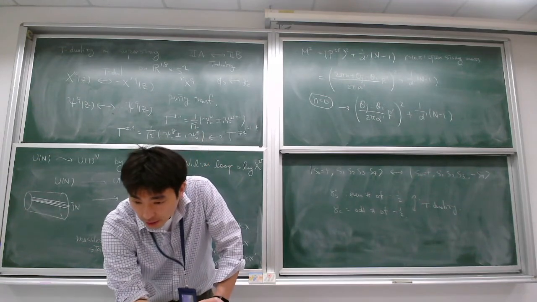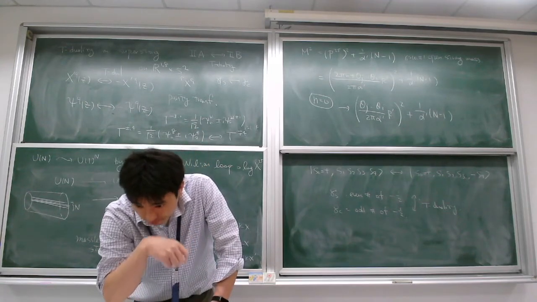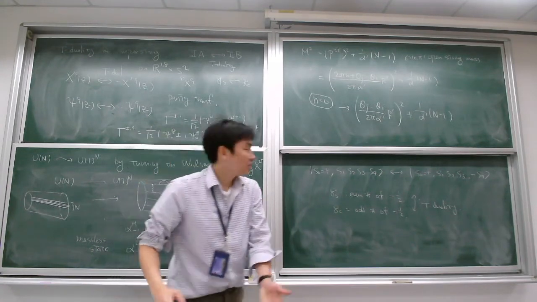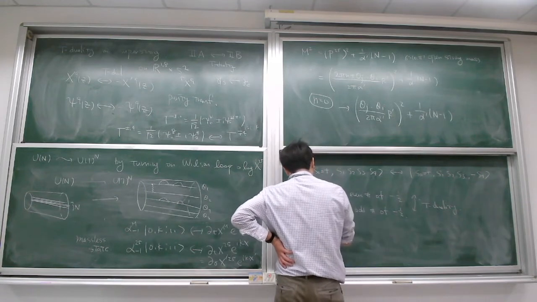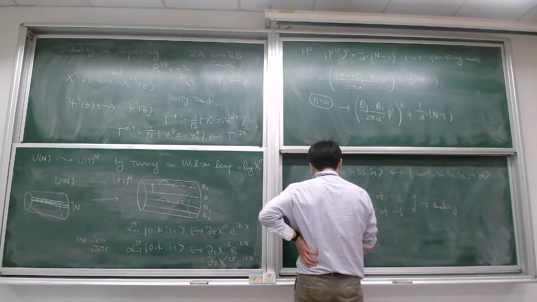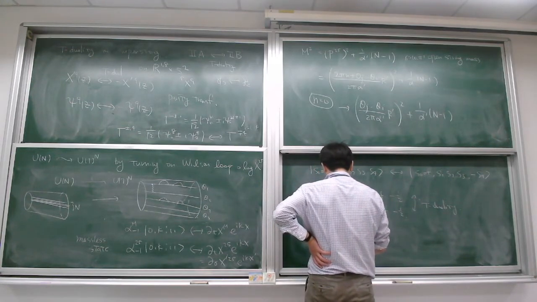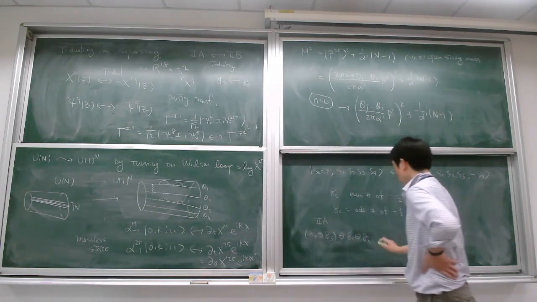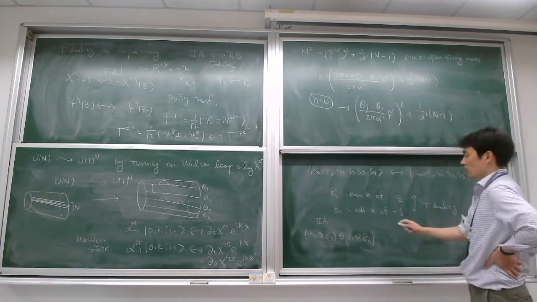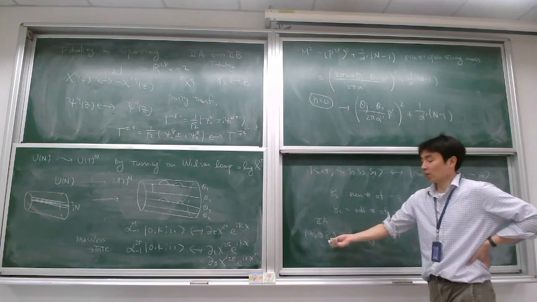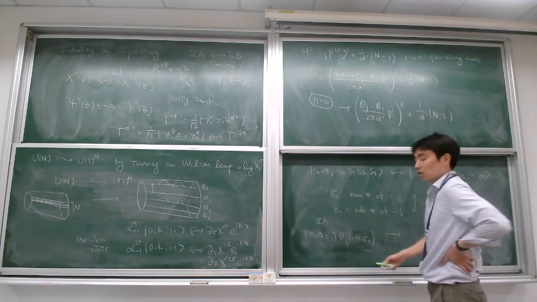Remember, 2A is: holomorphic sector is 8S plus 8C, and 8S plus 8C, sorry, anti-holomorphic sector is the other. And this is equivalent to, if you do the T-duality, you change only the holomorphic sector.